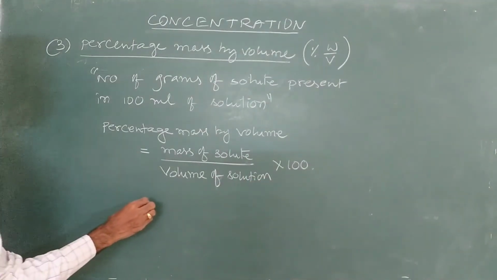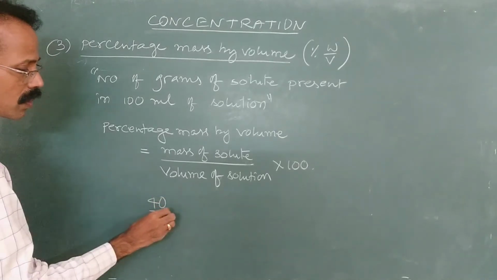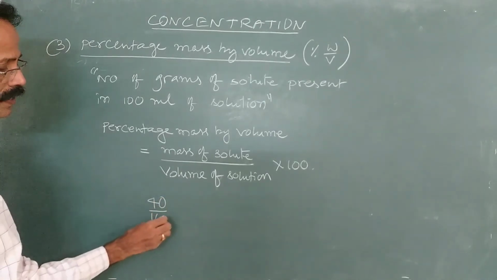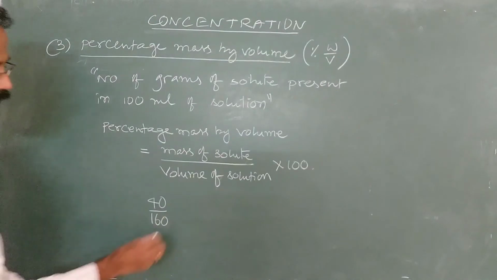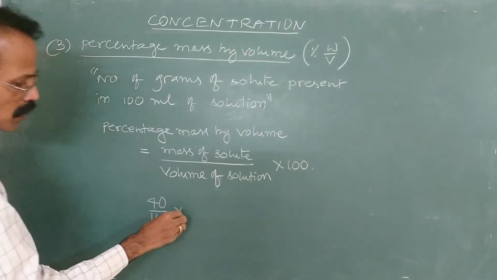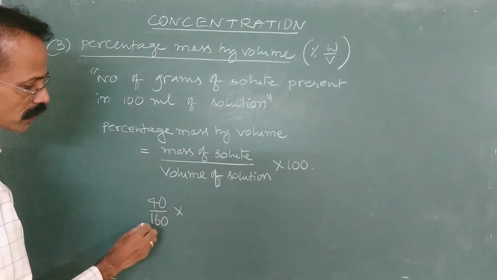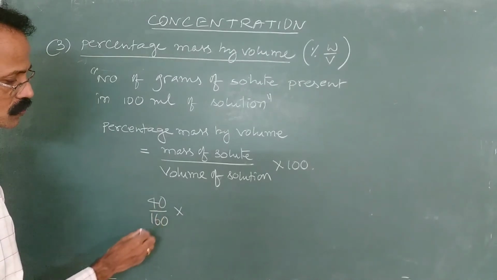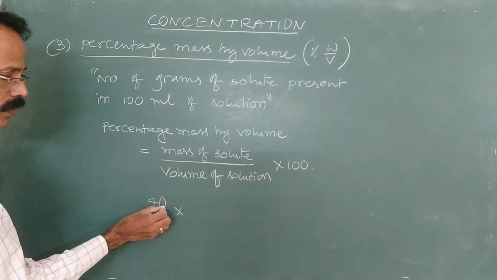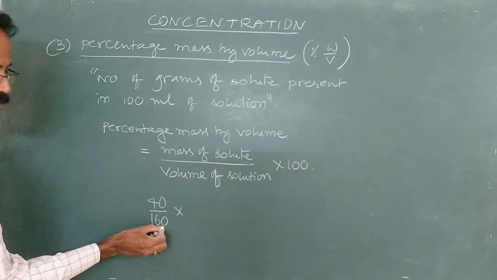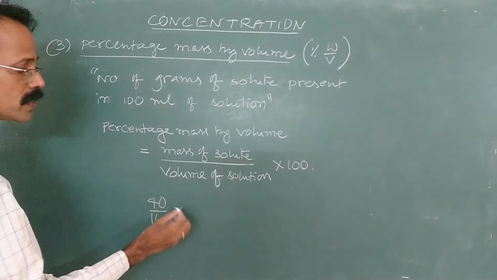Suppose 40 grams of solute are dissolved in 160 milliliters of solution. Then the percentage mass by volume of the solution is given by mass of solute divided by volume of the solution: 40 by 160 into 100.